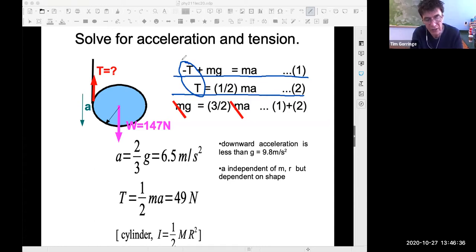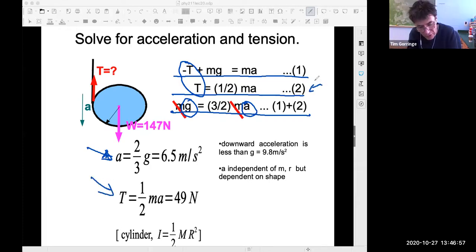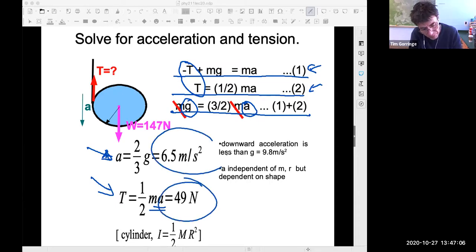It means I can add together the two equations to cancel out the T's, and get this equation that relates the unknown downwards acceleration of the yo-yo to the acceleration of gravity. If I rearrange it, I get this little equation here. The acceleration of the yo-yo is 2/3 the acceleration of gravity. Then I can go back to either the first equation or the second equation, rearrange for the tension in terms of the now known acceleration, and I get that tension.